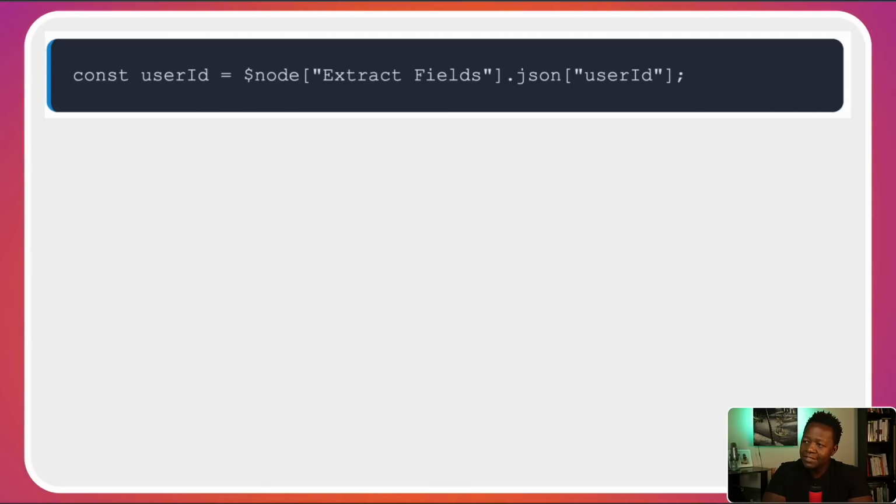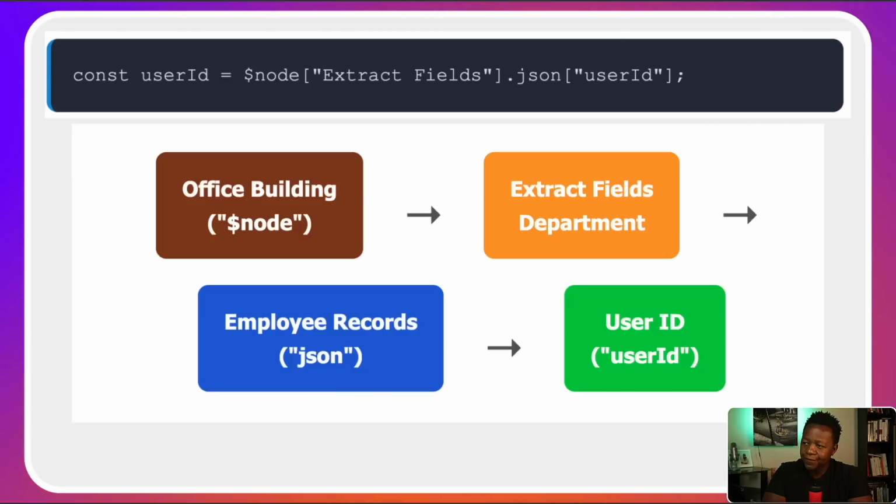I want you to imagine that you work in an office. You have the office building, and this would be the node. If you are in this office building and you want to find someone's employee ID, what would you do? First you start from the node, the office building.